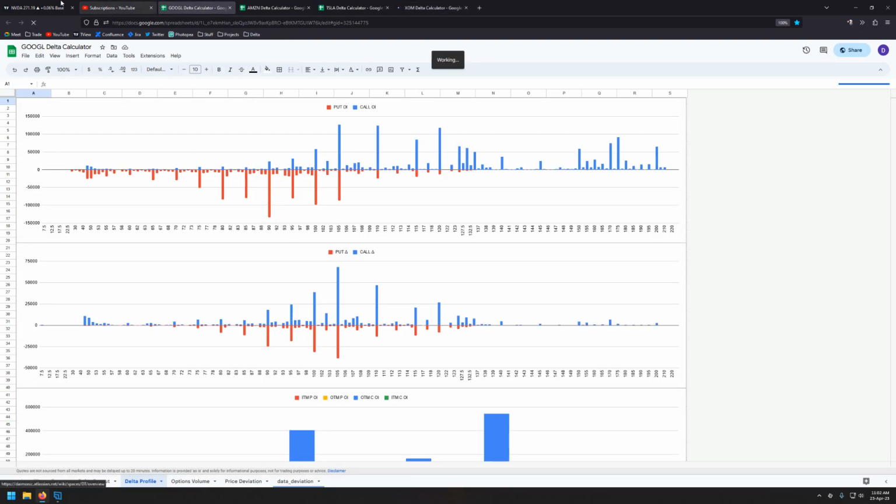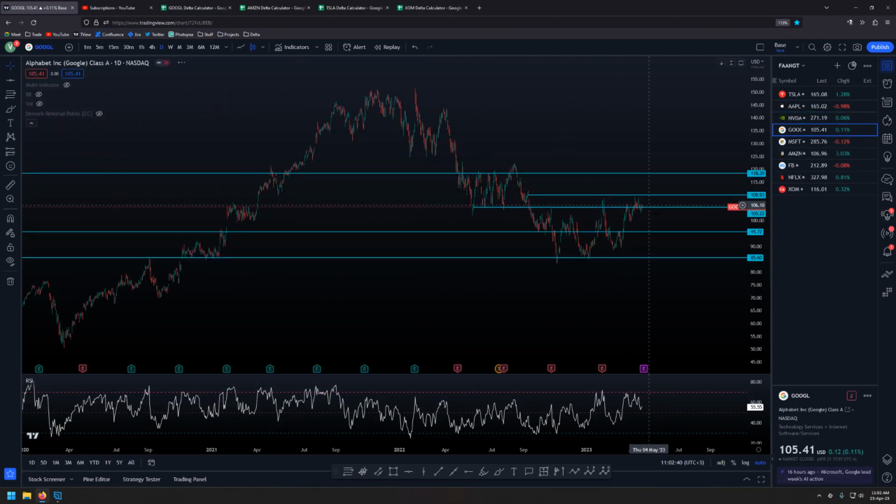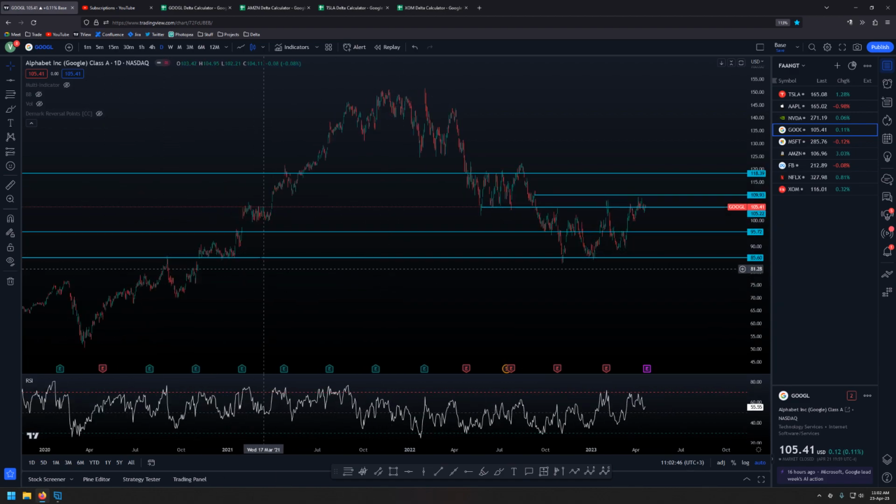Okay, so let's look at Google. So Google, this was the bottom, high here, low here. Then this is kind of the midpoint, which was this low here. It was a support here, it was a resistance here, then we broke out.